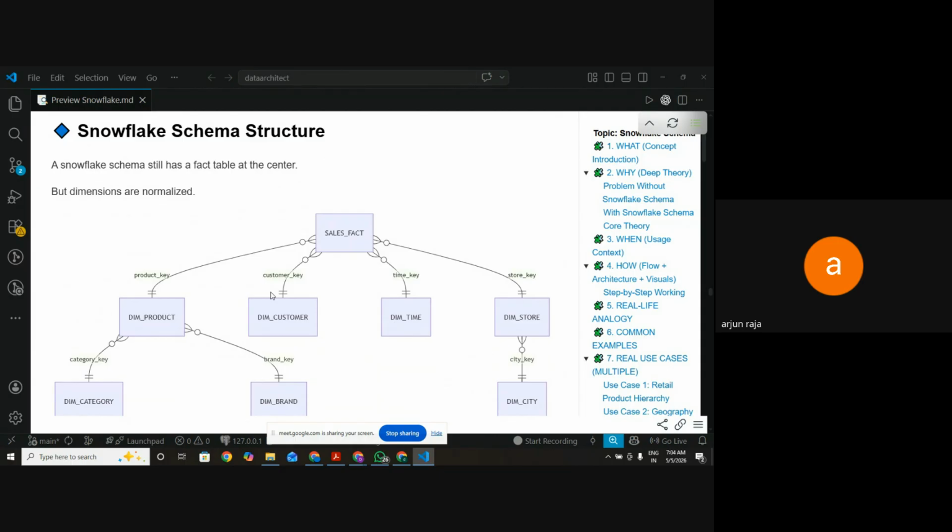Snowflake schema structure: the Snowflake schema still has a fact table at the center. The fact table is nothing but the business information, but the dimensions are normalized.